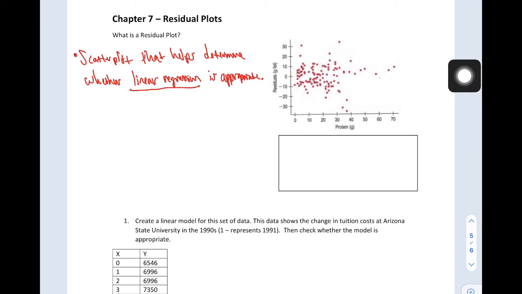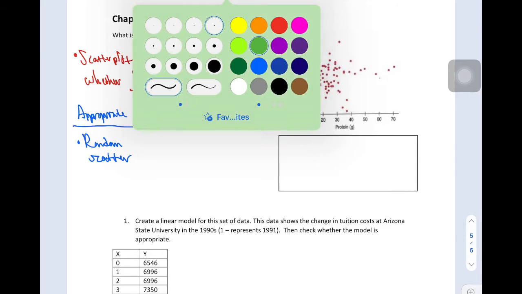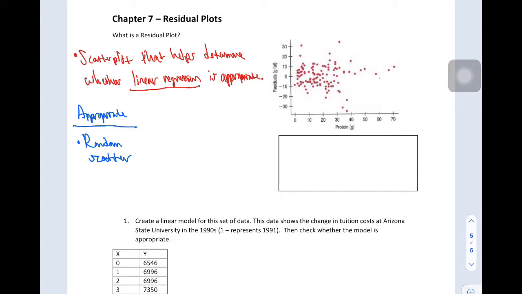Specifically, if it's appropriate, you'll see random scatter. And if it's not appropriate, so if we shouldn't use linear regression, you'll see kind of a curved pattern.